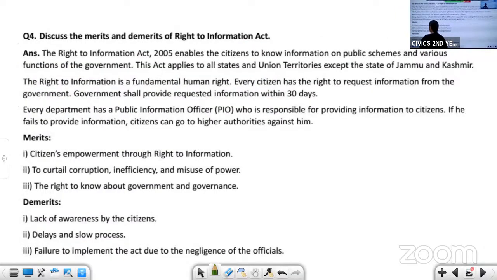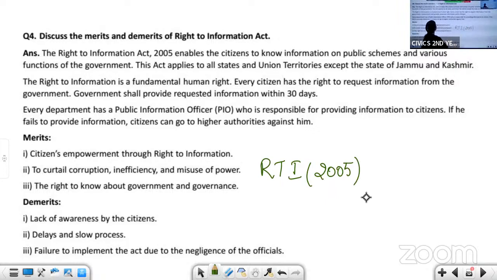Next is Right to Information Act. What is this? RTI, Right to Information Act. This act was passed in the year 2005.